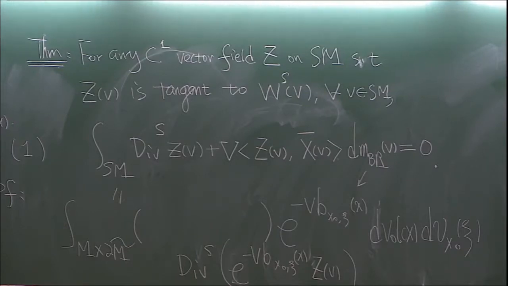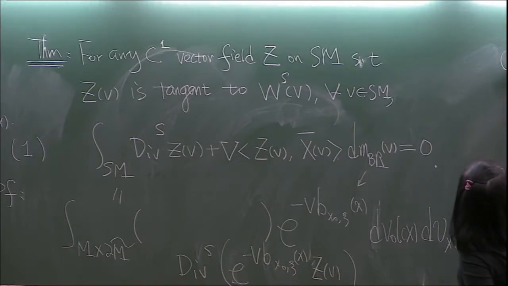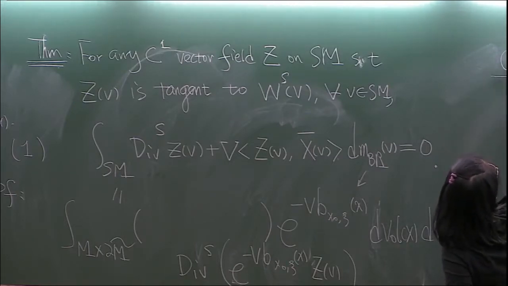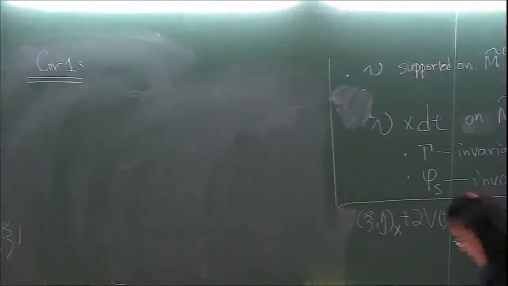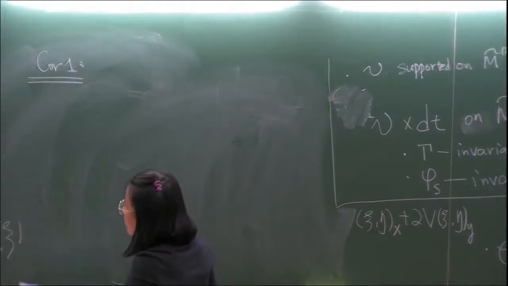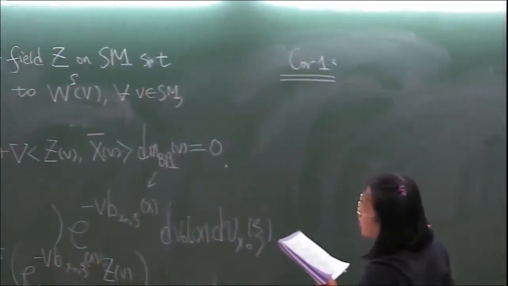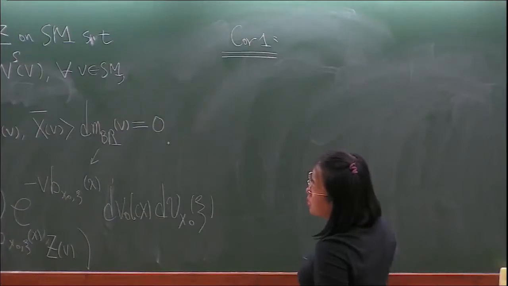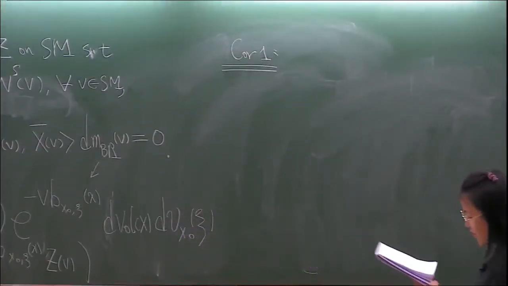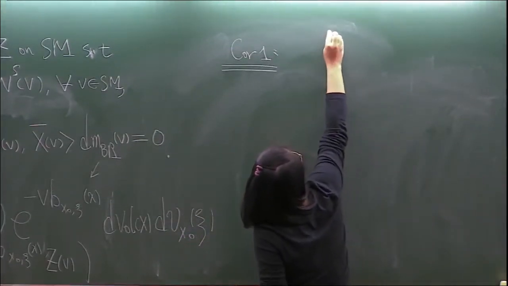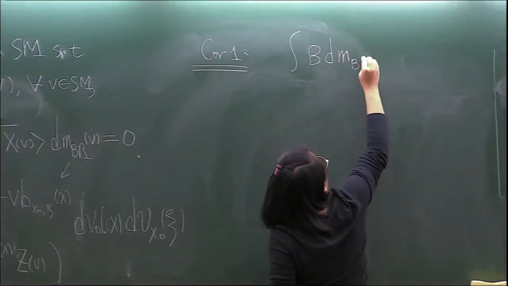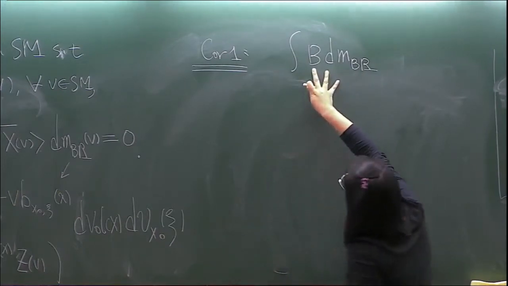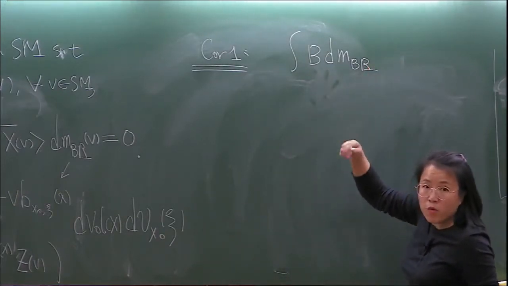I want to convince you that this formula is important. So I give you corollaries. And more than one corollary. Okay? So the first thing is what you see about this special measure of this BR measure. Okay? So this measure actually you see will satisfy the integral of this B. B is what we defined before, right?